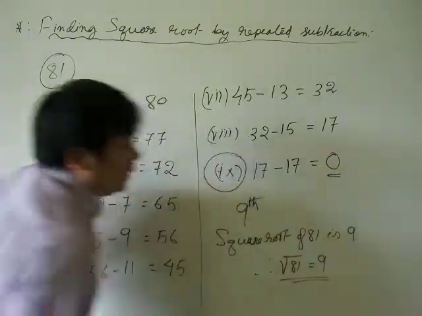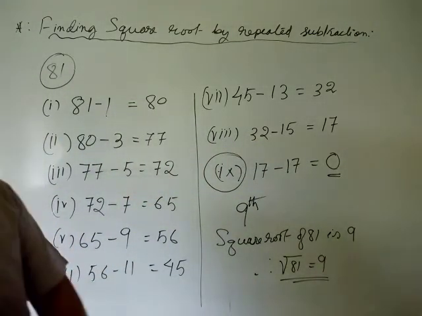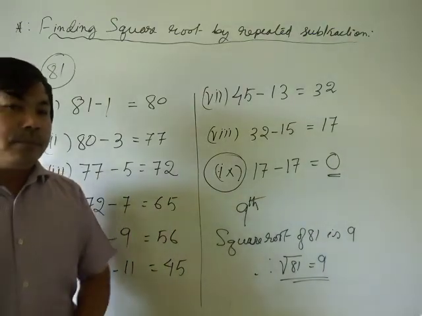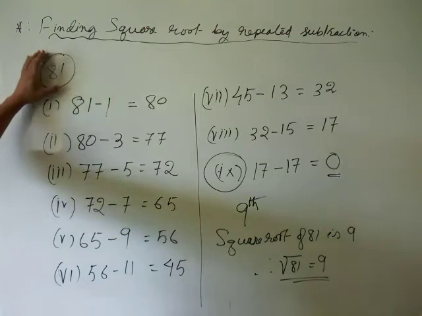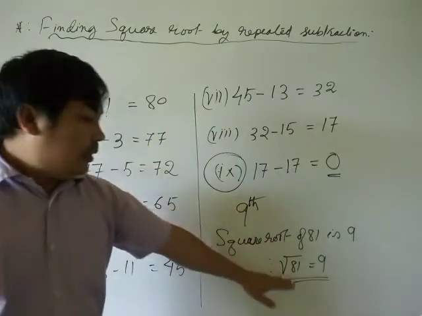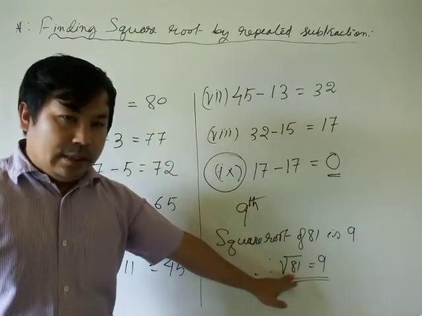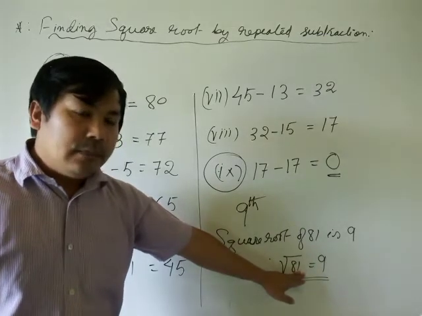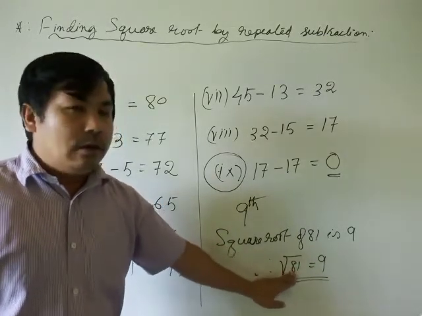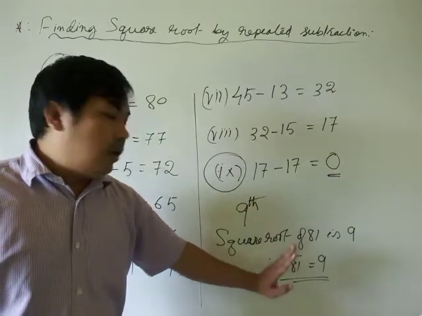So like this, we find out the square root of a given number by repeated subtraction. Okay, so this is not a square. We are going to find out the square root. To find the square root, please remember that we write this root over the number. This is called root over 81, which is equal to 9.